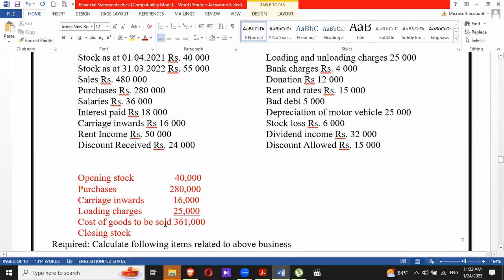So from this answer, you have to deduct closing stock. Closing stock value is 55,000. To indicate minus, you can put it within brackets.